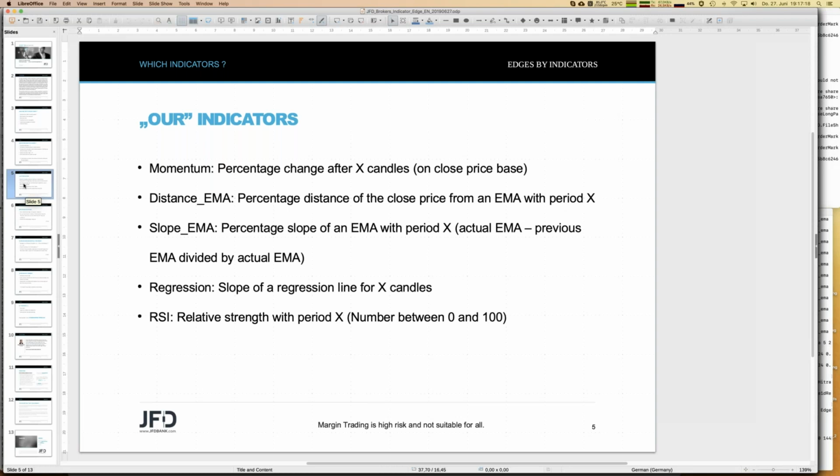In principle, we could use the EMA itself as well, but the downside is then we have only two states, above the EMA or below, and there's no measurement as well. Therefore, I don't use that one. We have the distance EMA, of course, and that is the more precise and better one.